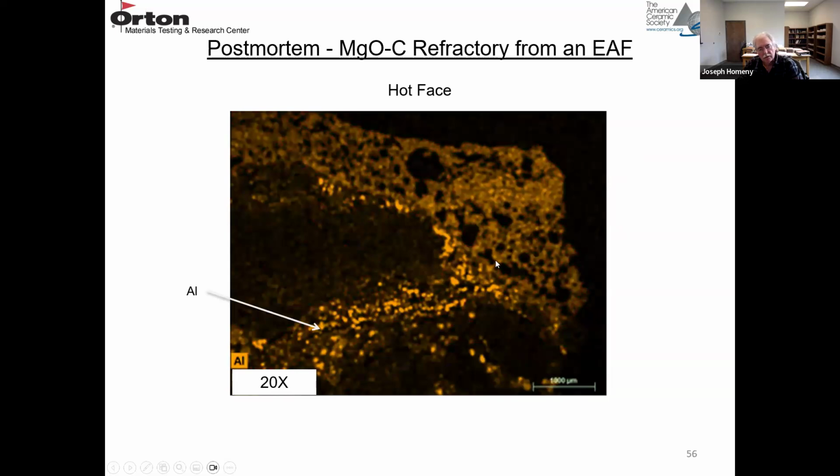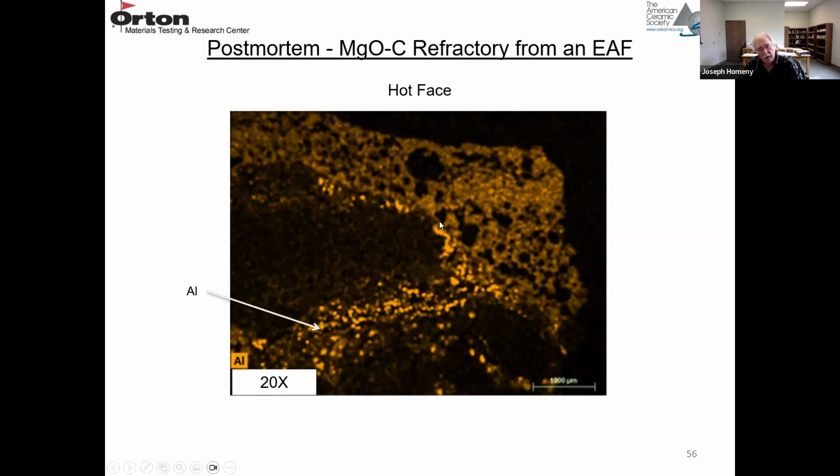And then this color, the yellow, is aluminum. So there's aluminum probably in the form of Al2O3 at this point. It is now in this penetrated zone here and along the hot face. So it's concentrated in those regions here.